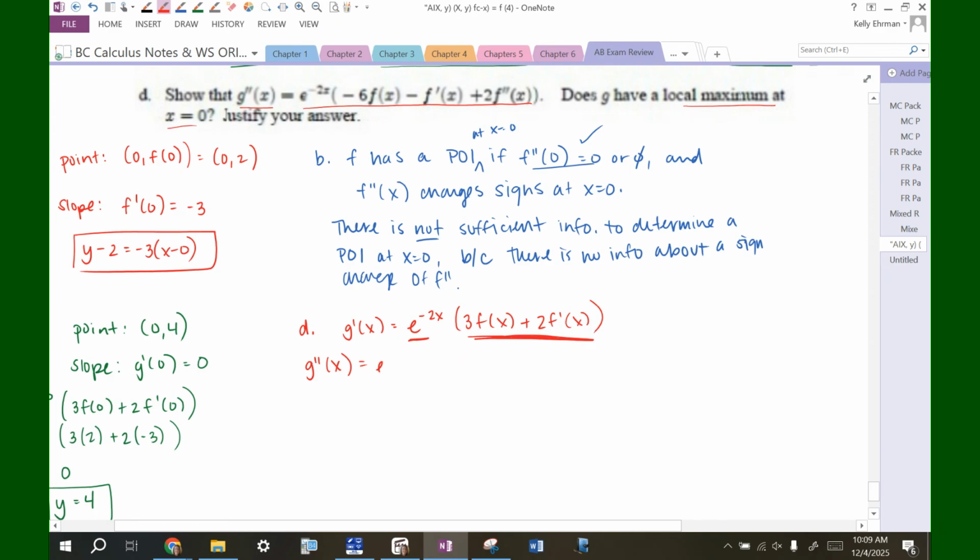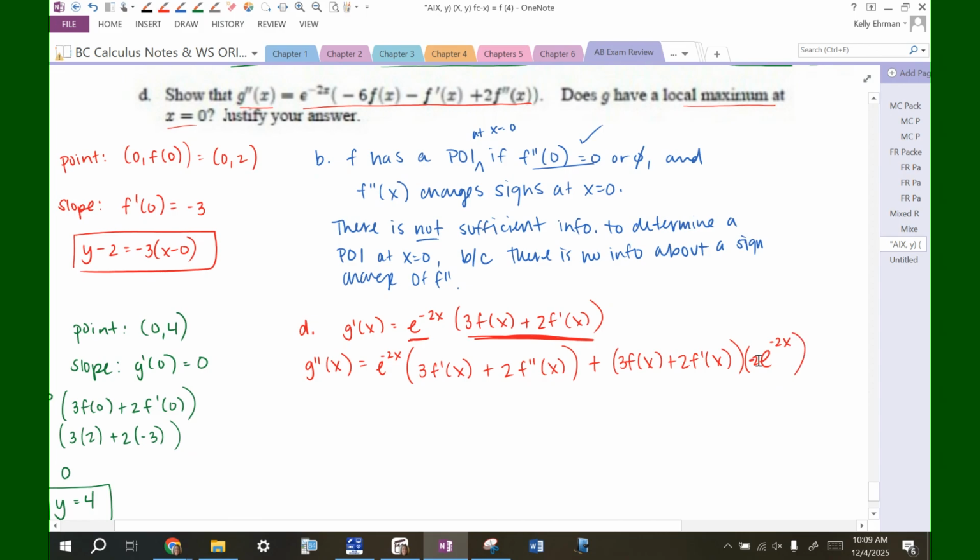So it's first times derivative of the second. The derivative of 3f of x is 3f prime of x. The derivative of 2f prime is 2f double prime. Plus second times derivative of the first. The derivative of e to the u is e to the u times u prime, so there's a times negative 2 in there.